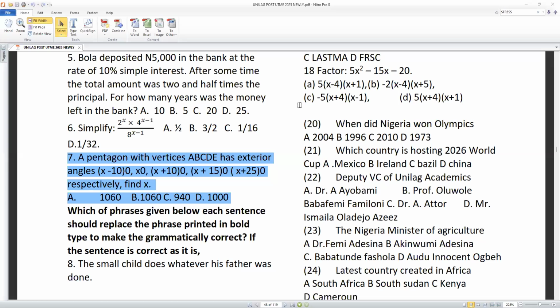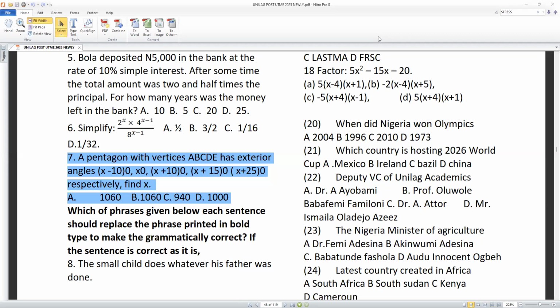Forget about the pentagon. The sum of the exterior angles of any polygon is 360. So you just have to sum all of these: x plus x minus 1 plus x plus x plus 10 plus x plus 15 plus x plus 25 is equal to 360, and you find x.